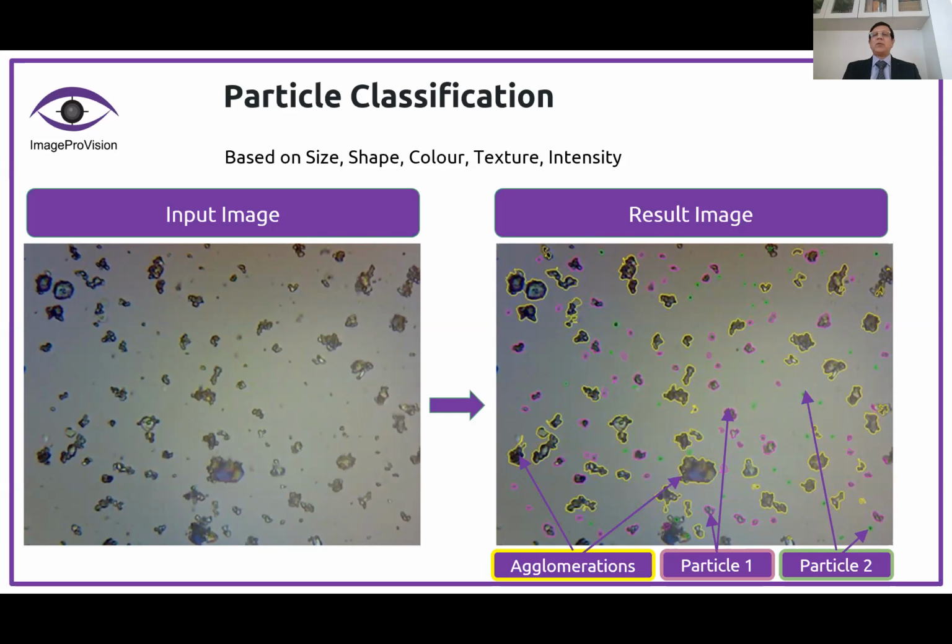This solves one of the major queries which auditors ask, whether this is a real particle size. So it generates the statistics for isolated particles and agglomerations separately. And within isolated particles, it also classifies the particle as API, excipient, or globule based on the size, shape, color, texture, intensity, and many other parameters.